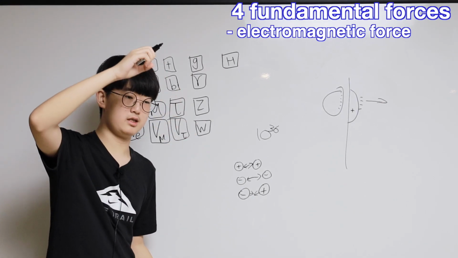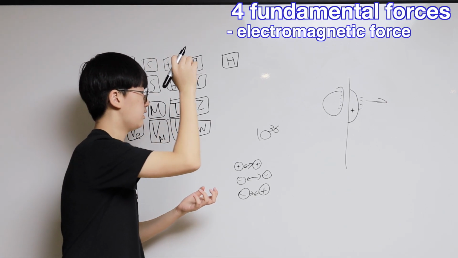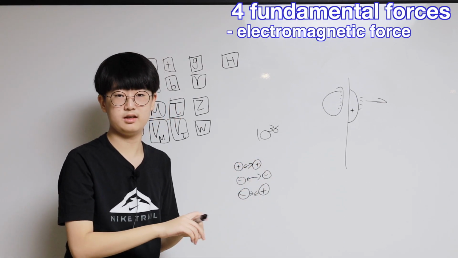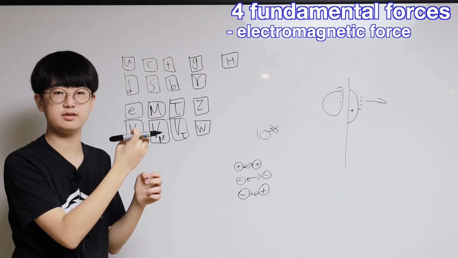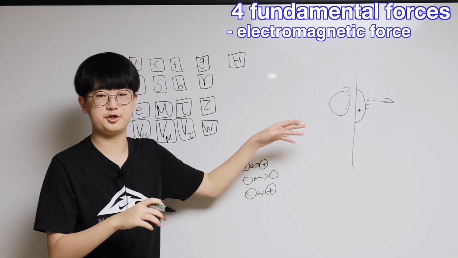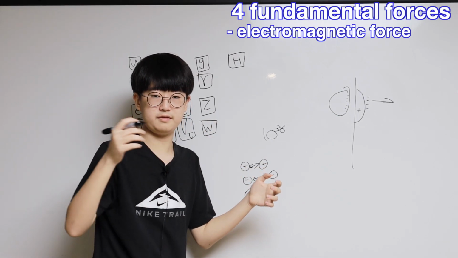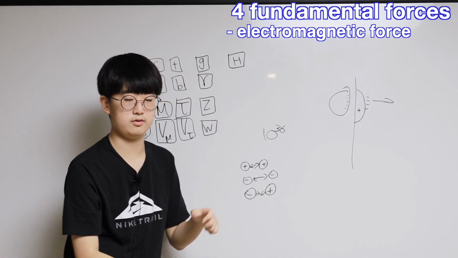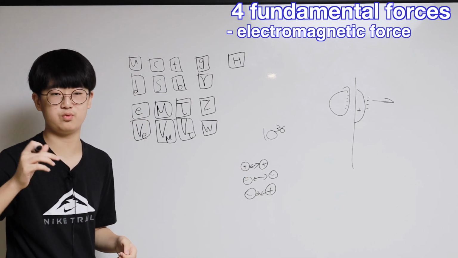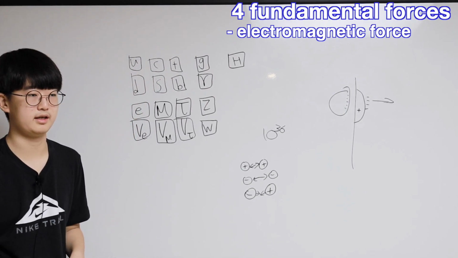Earth's gravity is pulling it down. Even though Earth is a very massive object, the electromagnetic force acting between a very, very little amount of electrons is so strong that it can stick onto the wall even though gravity is pulling it down. This shows how much weaker gravity is. Yeah, I think that's about all about electromagnetic forces.